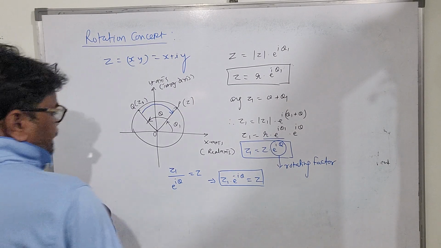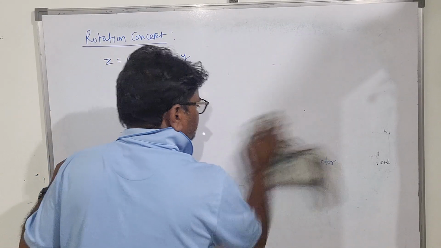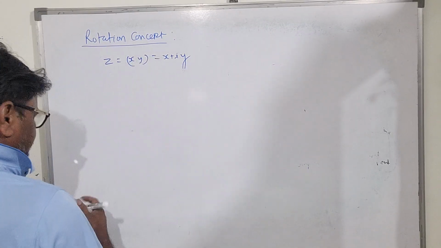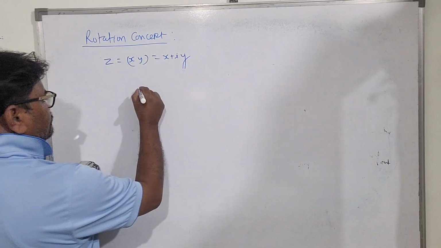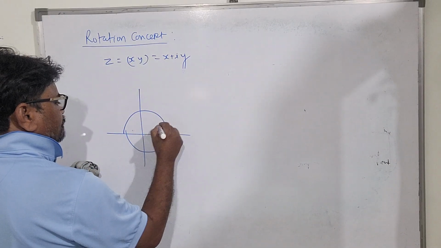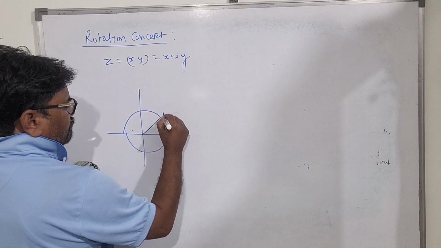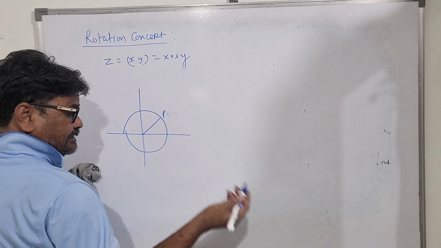Now coming to the second one. What is that? See, this is the complex number Z, because every complex number is represented by a vector.